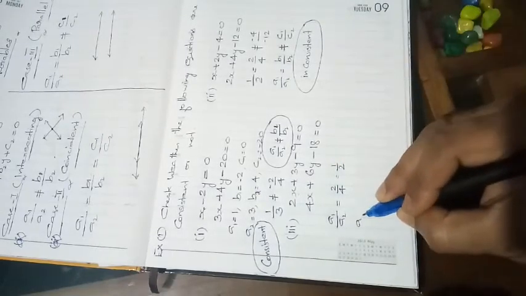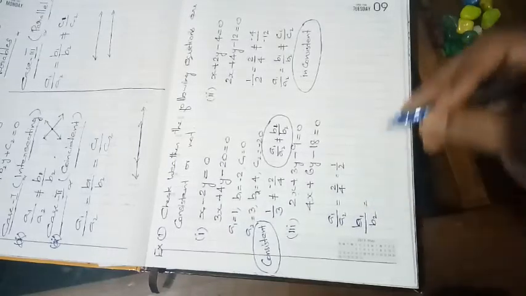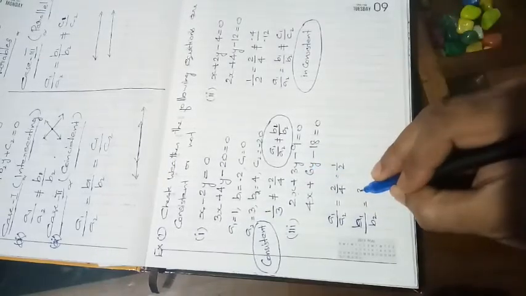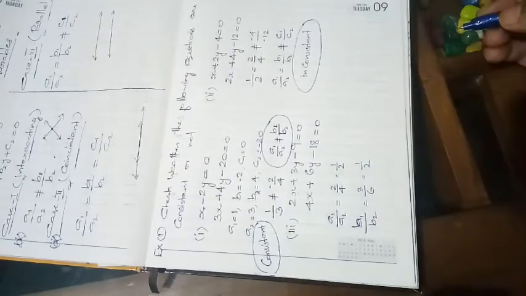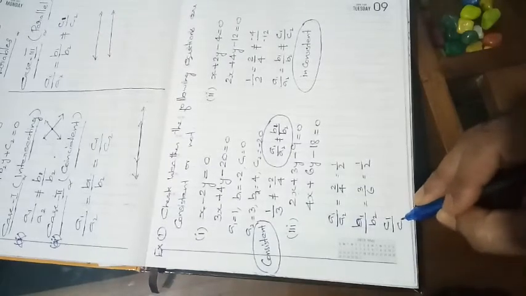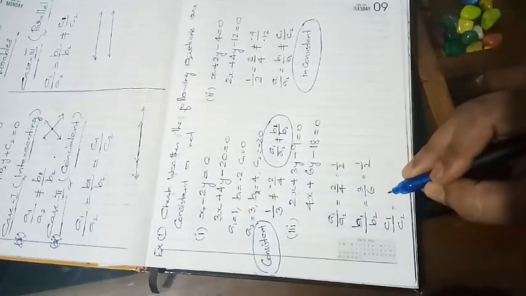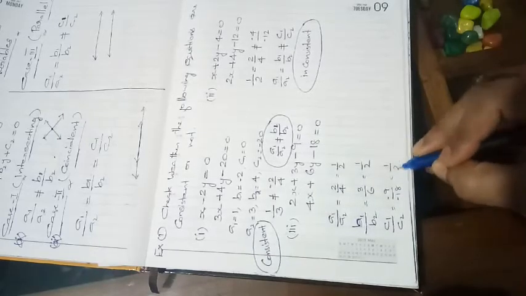What is b1 by b2? 3 by 6 is equal to 1 by 2. What is c1 by c2? Minus 9 by minus 18, also equal to 1 by 2.